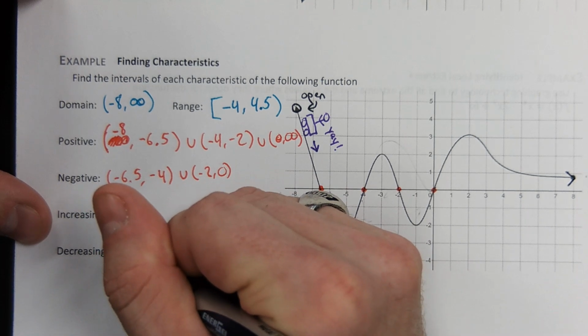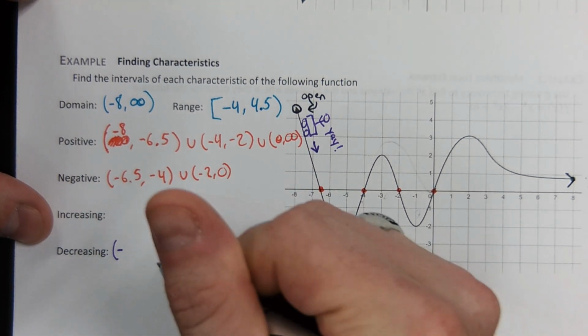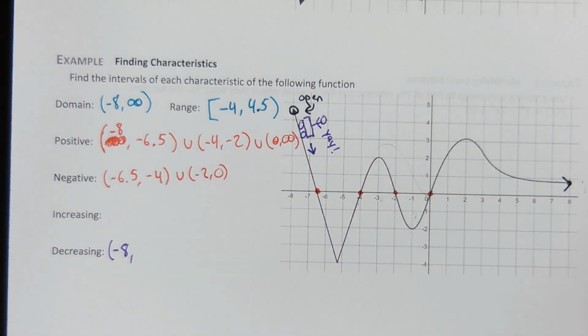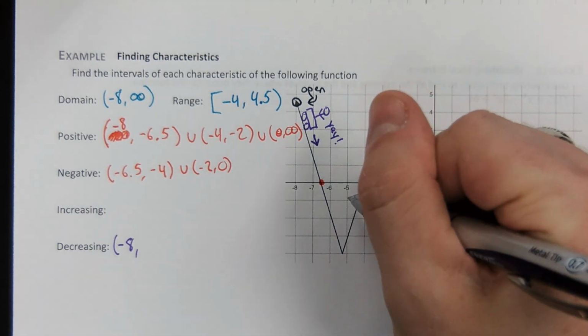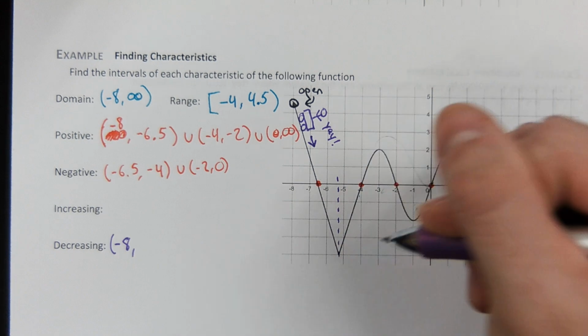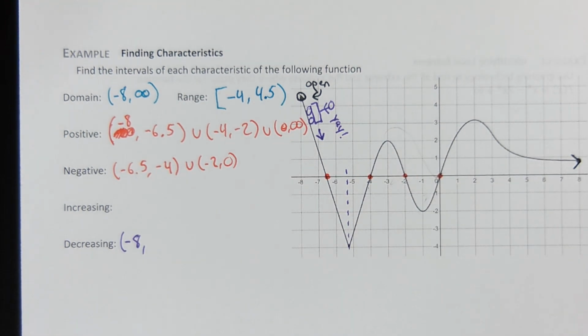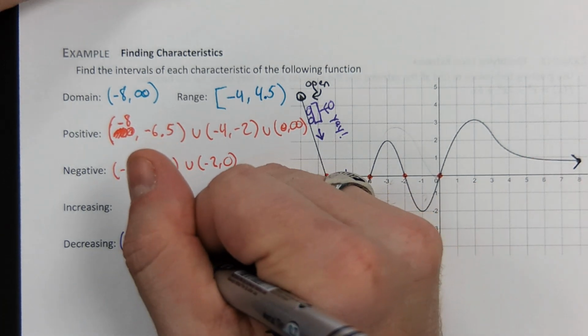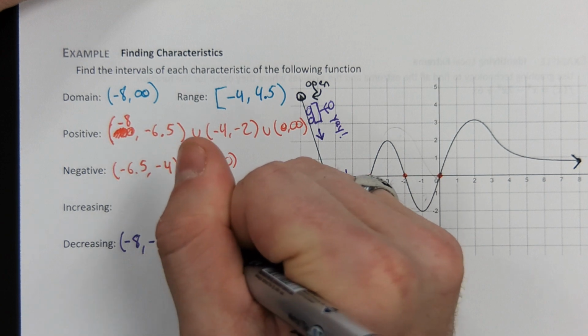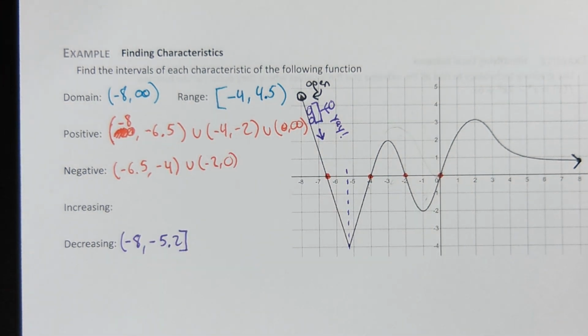So we decrease from negative 8, not negative infinity, until, well, I'm not going to ask you to estimate as a class because the chances of you all saying exactly the same decimal are not very good. But I'm hoping that everybody in the room could see that x value is where I'm going to stop decreasing. Negative 5.2. Real good. With a bracket. Because at that point, it just feels natural to use a parenthesis right there.